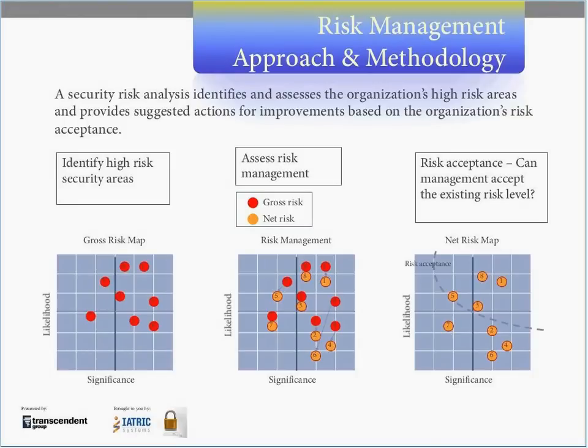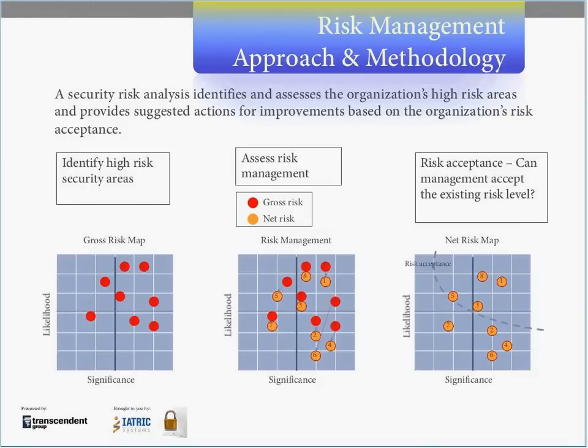And when we have the net risk map, we can sit down with management to understand the risk acceptance and discuss if we need to address some specific risks and which are the key risks that we need to test and manage on a regular basis. During the presentation, we will look into this in more detail.